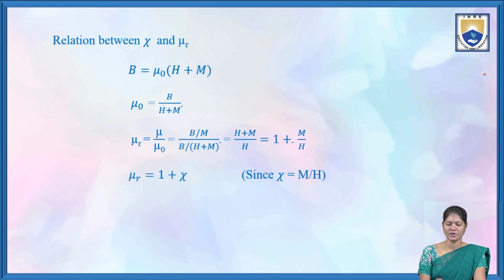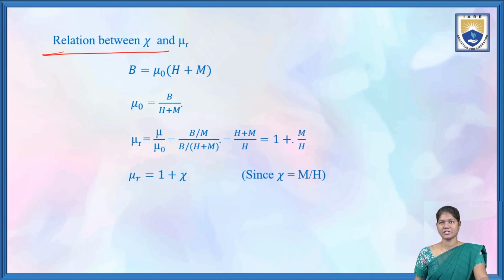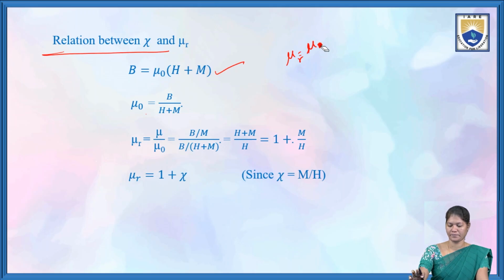Now we shall see the relation between the susceptibility and the relative permeability. As we got in the previous expression, B is equal to mu naught into H plus M. So mu naught is equal to B by H plus M. For relative permeability, we know that mu r is equal to mu by mu naught.